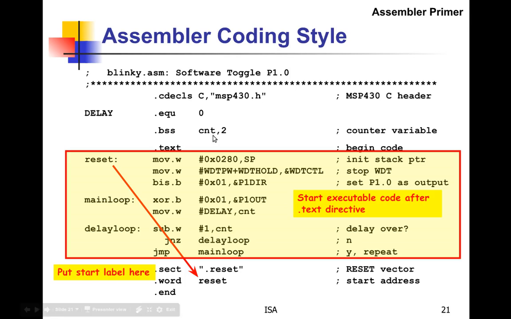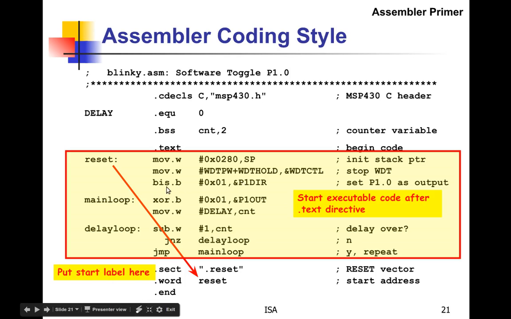Basically, if we look at this program here, it moves this number into the stack pointer. Then it moves the watchdog stuff here into the watchdog control register to stop the watchdog timer, because otherwise it will time out and stop our program when we don't want it to.